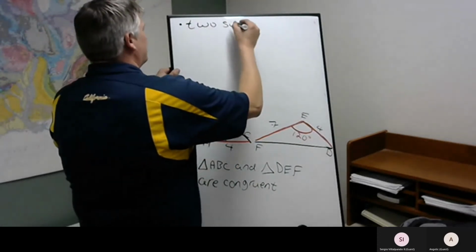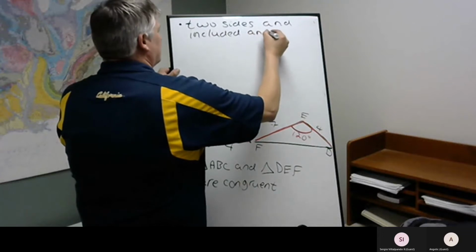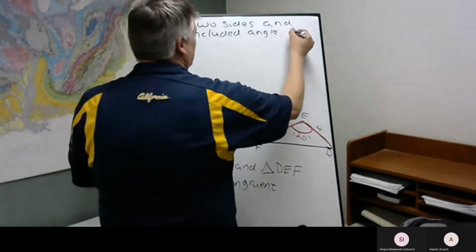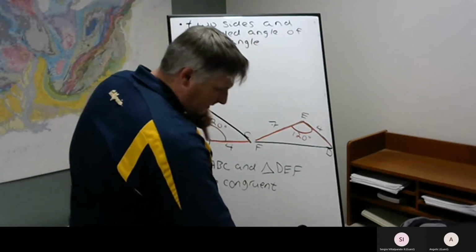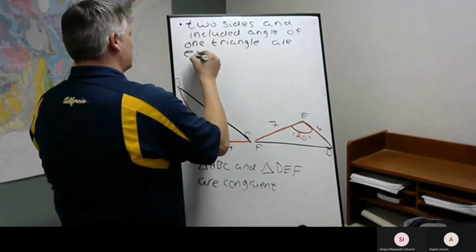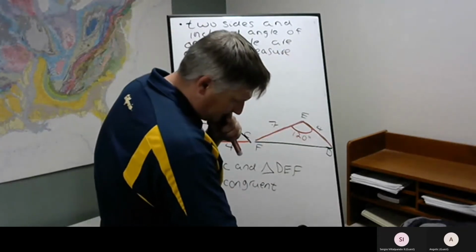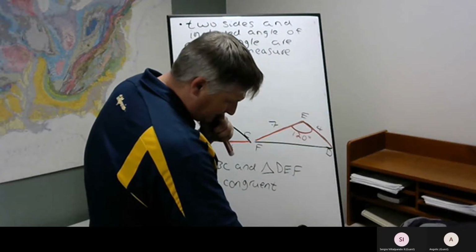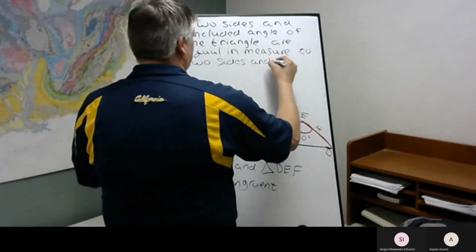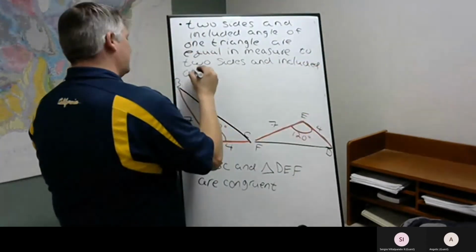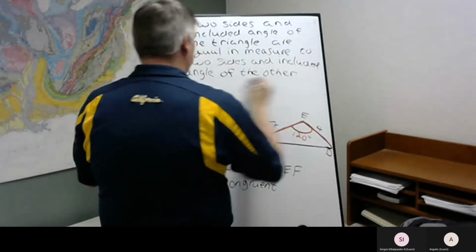If two sides and included angle of one triangle are equal in measure to two sides and included angle of the other triangle.